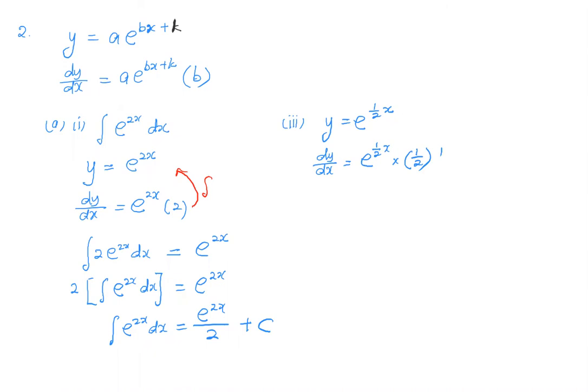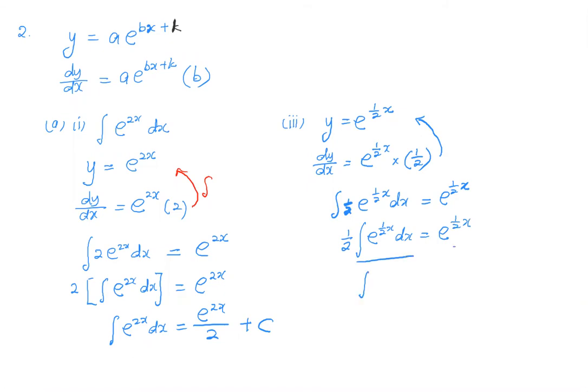So if I integrate half of e to the power of half x dx, my answer will be e to the power of half x. So half of this is equal to this.